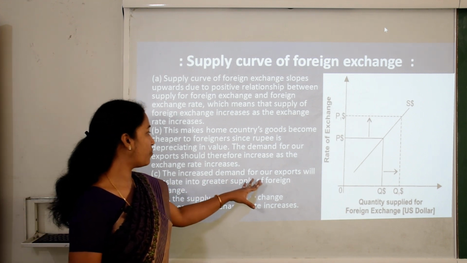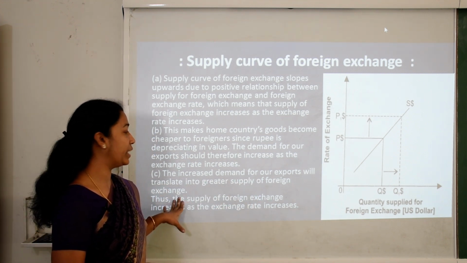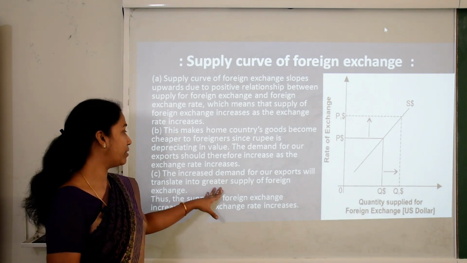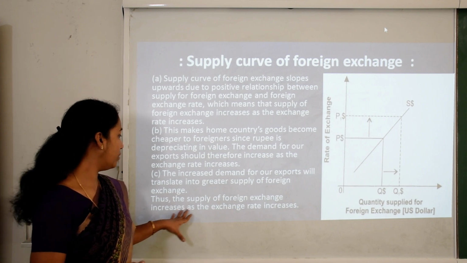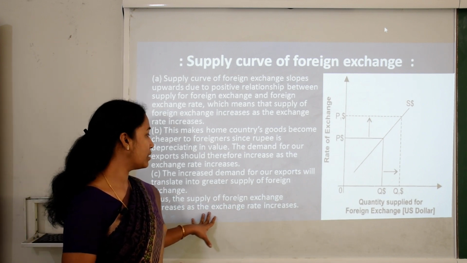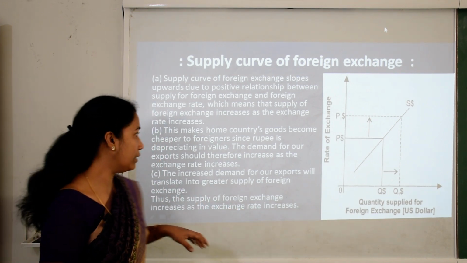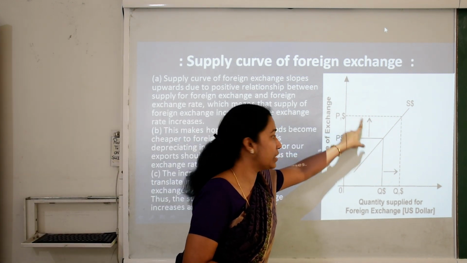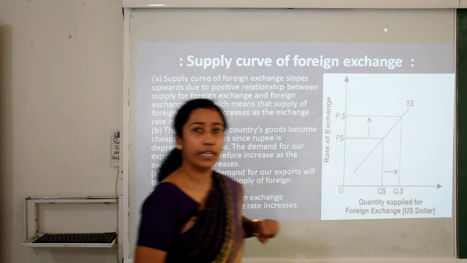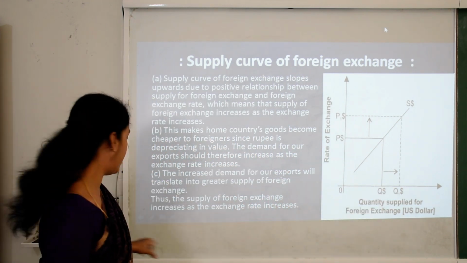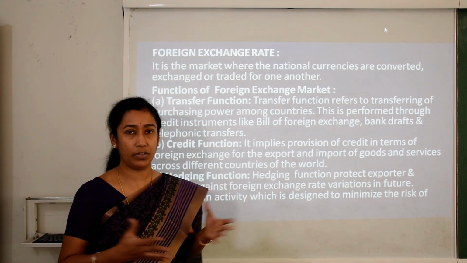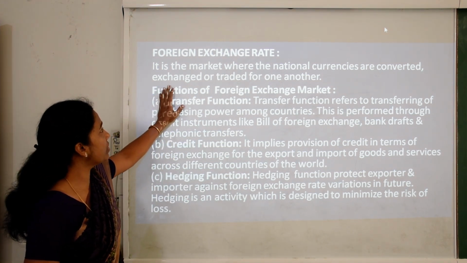The increased demand for our exports will translate into greater supply of foreign exchange. Here we can see, as the exchange rate is increasing, supply is also increasing, shown with a rightward shift.